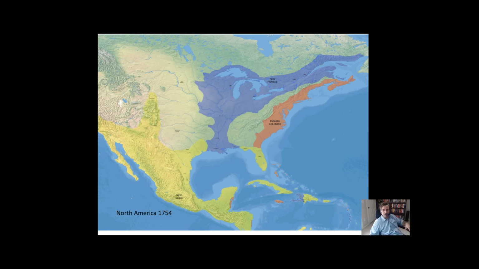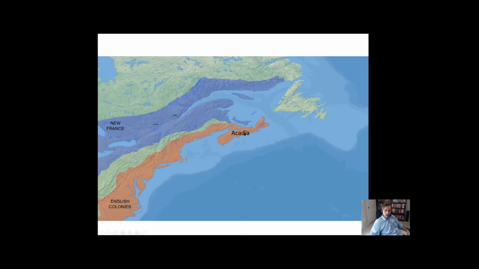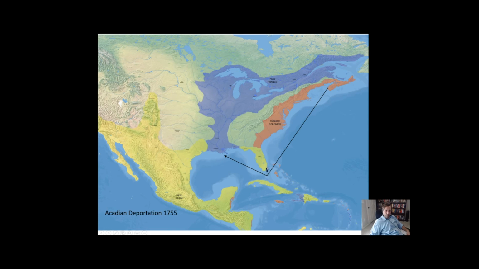I've heard different numbers for that, but a good chunk of Acadians are going to be deported, forced to leave by the British, and a good chunk are going to decide to pick up and move to Louisiana. So basically, the British say you got to leave, you can't stay here. 5,000 or so Acadians pick up, and they're going to head to French Louisiana. So, all right, we're going to be under the French flag yet again.